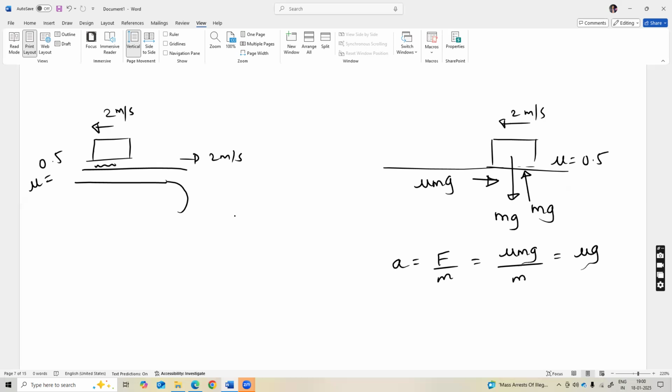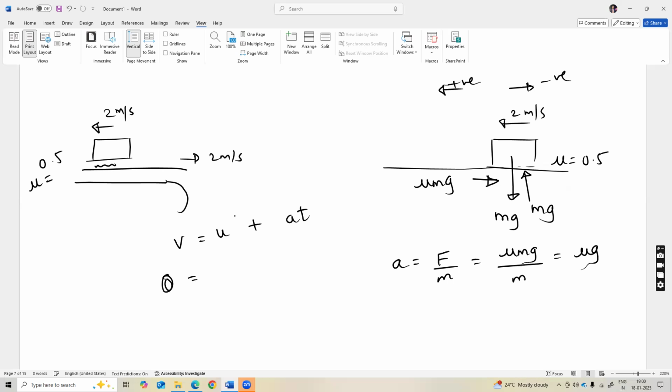If you consider the velocity in this direction as positive and this direction as negative, and apply the equation of motion v = u + at. Here they are asking in how much time it will come to rest, which means the final velocity is zero.